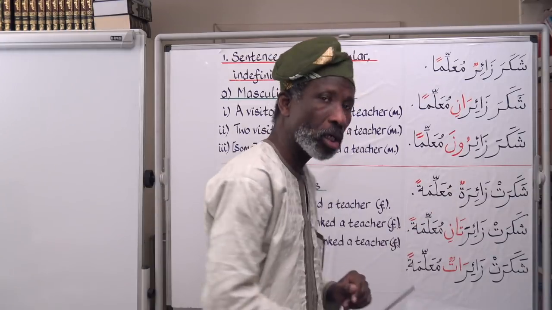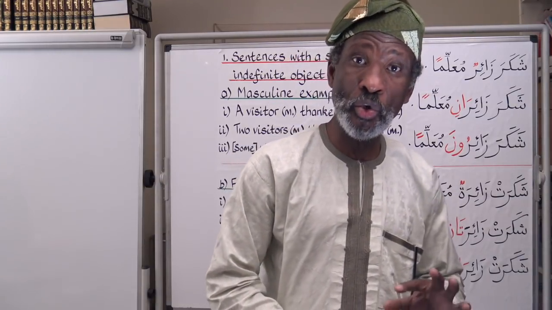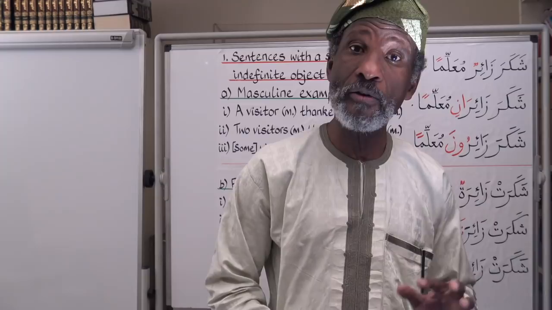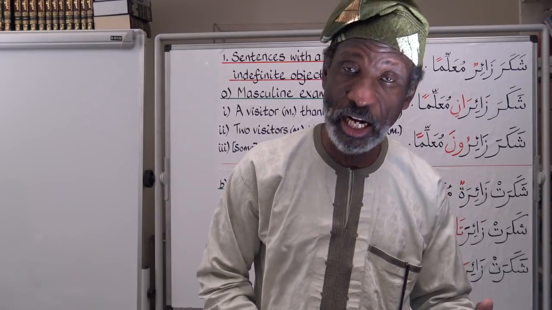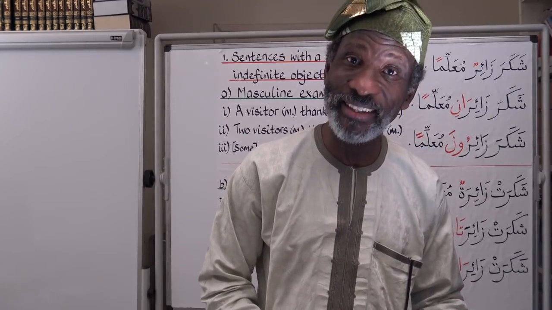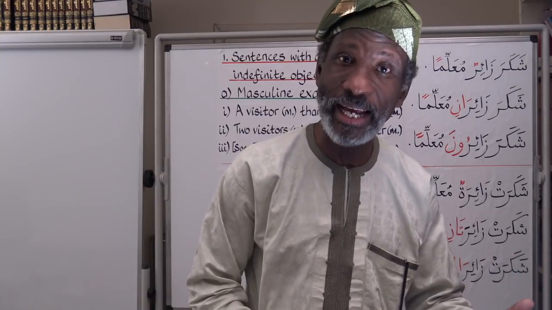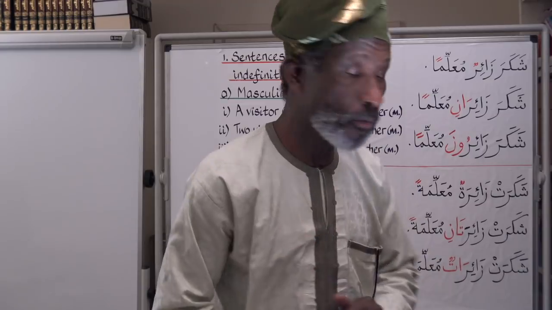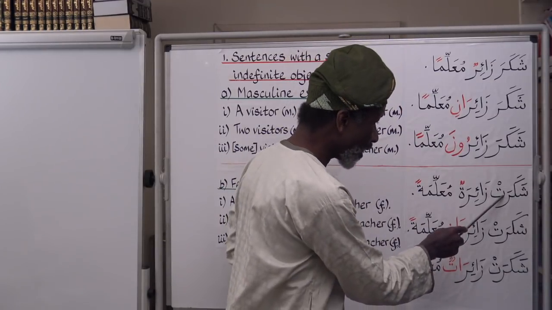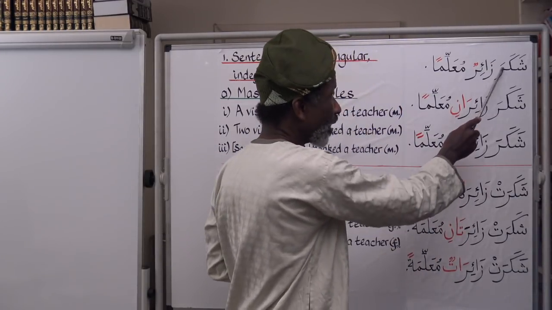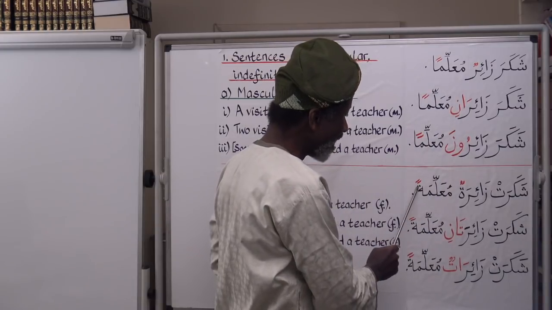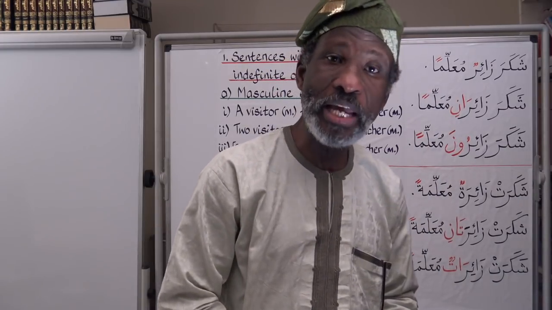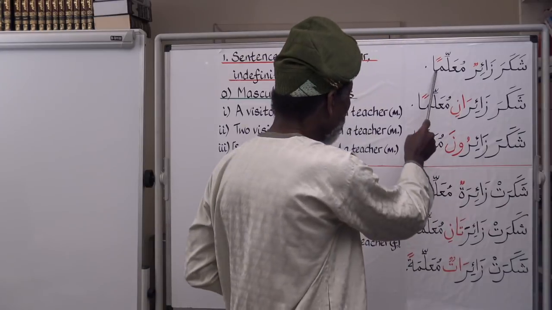This ta marbuta is indicating the doer this time is a female. Zairatun. But the case ending is still the same to indicate this is the subject of the verb. So Shakarat Zairatun Muallimatan, a female teacher.